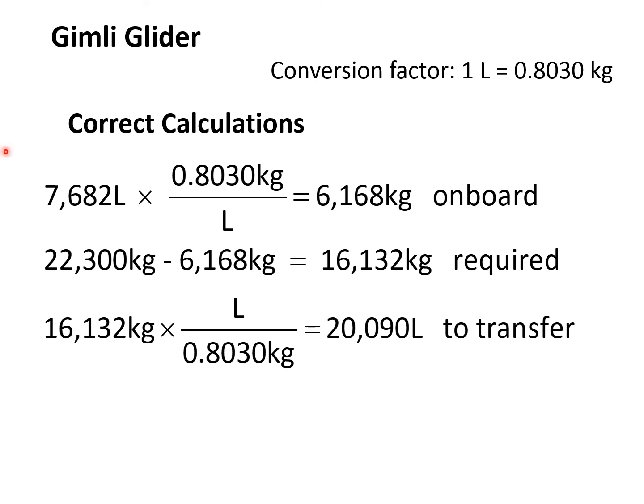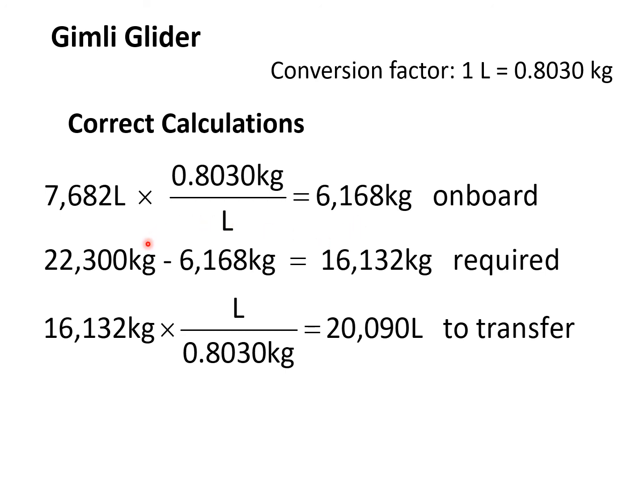Now the pilot had calculated that in order to reach Edmonton, the plane needed 22,300 kilograms of fuel. A dipstick test indicated that the plane already had 7,682 liters of fuel on board. Now you notice that these are in different units. So in order to do the calculation, we convert the volume to mass, which gives us 6,168 kilograms of fuel on board.